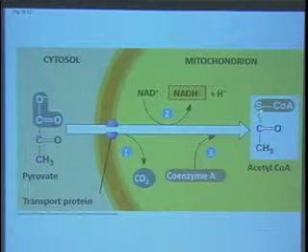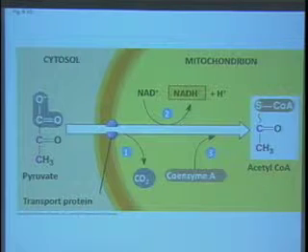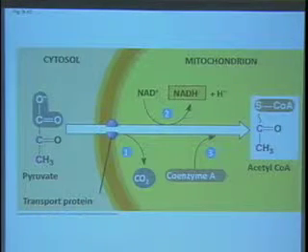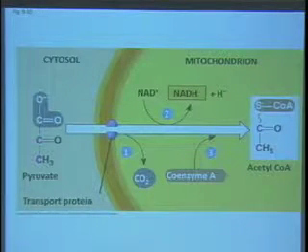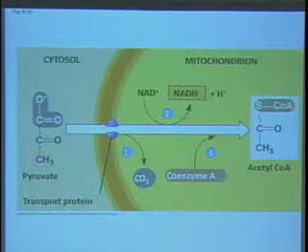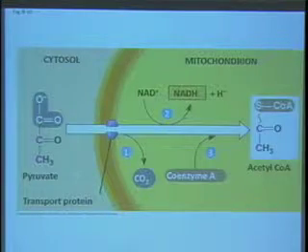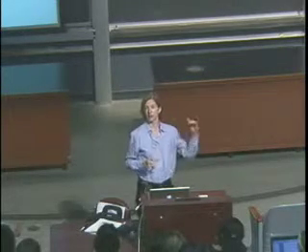And that wavy line tells us that that's a very high energy bond. So this is effectively priming what's left of pyruvate, this acetate molecule, for entry into the citric acid cycle. And it's a critical step. It allows this molecule to be poised at the top of an energy hill and ready to go downhill in the subsequent reactions of the citric acid cycle.